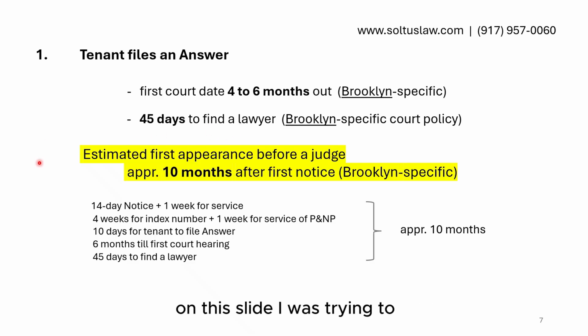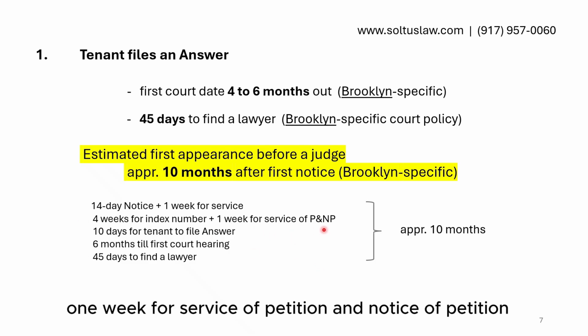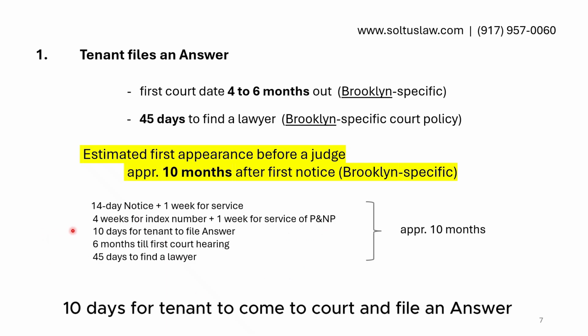On this slide, I was trying to answer this question: when can a landlord expect to see the judge for the first time after the case was started? I did a little bit of math here. I took 14 days for the 14-day notice. I added 1 week for service, then 4 weeks to wait until the court issues the index number, 1 week for service of petition and notice of petition, and 10 days for the tenant to come to court and file an answer.